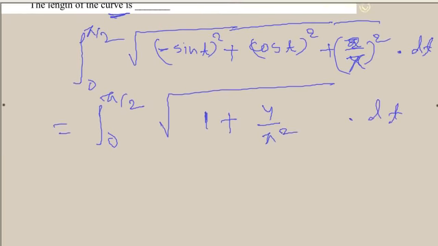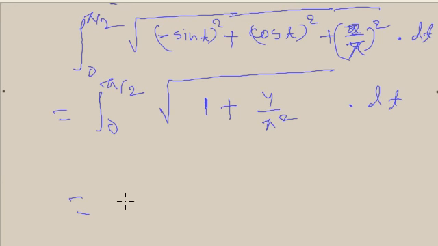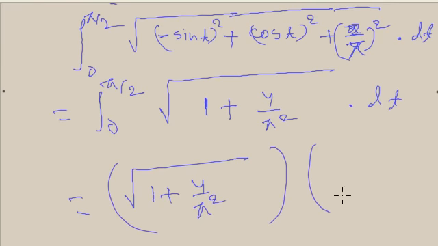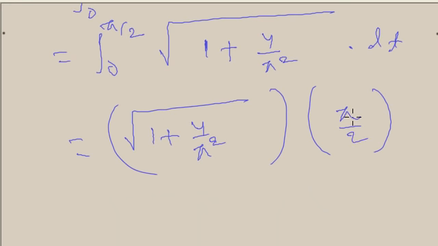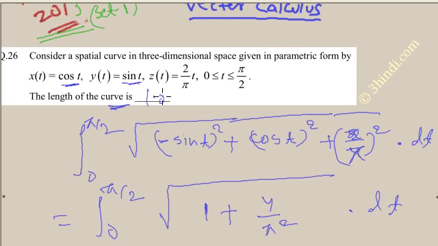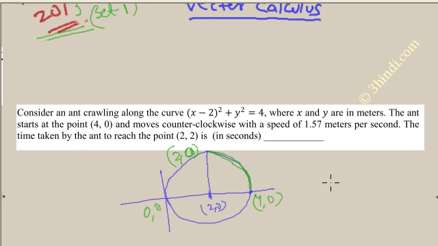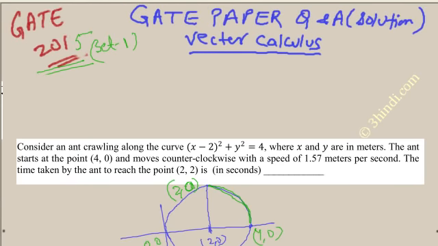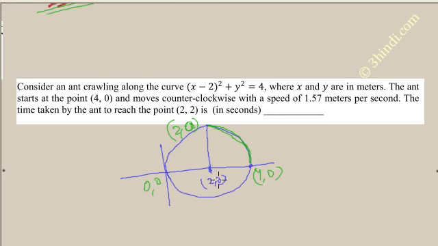That means root over 1 plus 4 by pi square into pi by 2. If you put pi value as 3.14, the value of this is 1.86. So you can fill the answer here as 1.86. This is the problem of 2015.